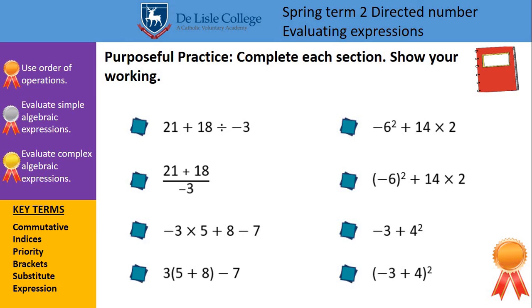Okay? If the signs are different, for the top left example, positive 18 divided by minus 3, the signs are different, one's a positive, one's a negative, then the answer will be negative, so that would be minus 6. So once again, if you pause the video here, write those questions out fully for me, and then give those a go.